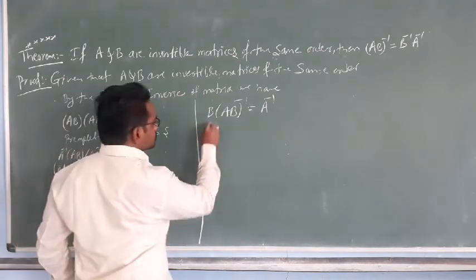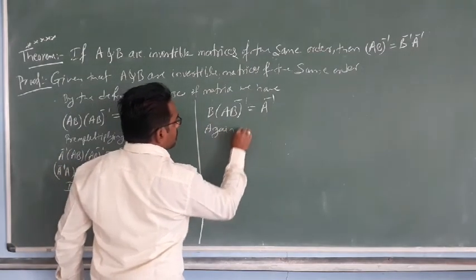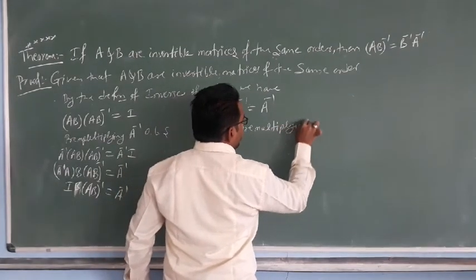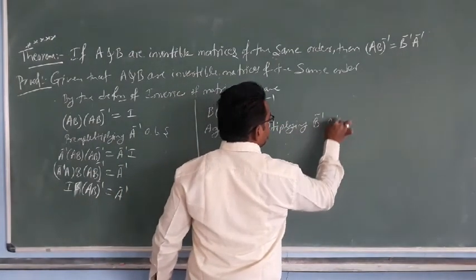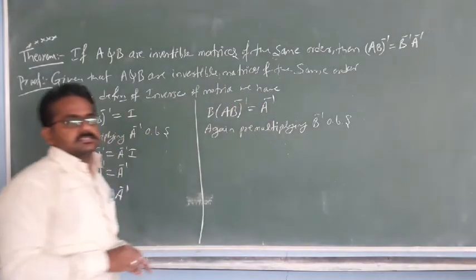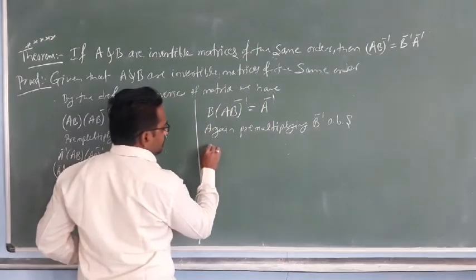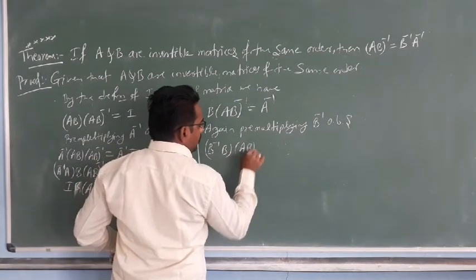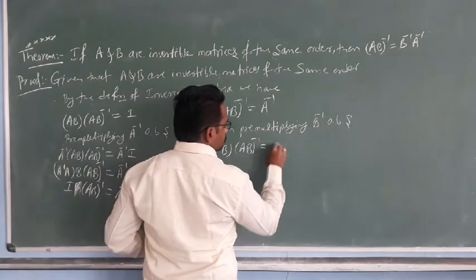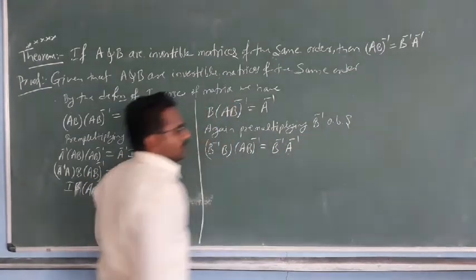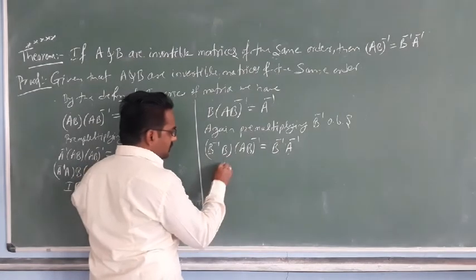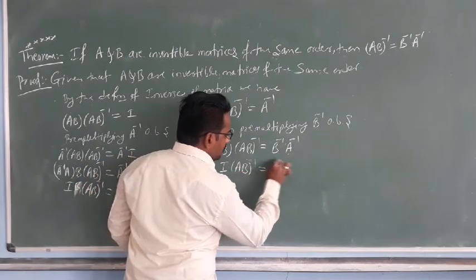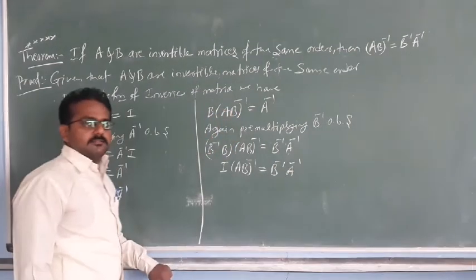Now again, pre-multiplying B inverse on both sides. That is B inverse into B, (AB) whole inverse equals B inverse into A inverse. B inverse into B is I. So I into (AB) whole inverse equals B inverse into A inverse.